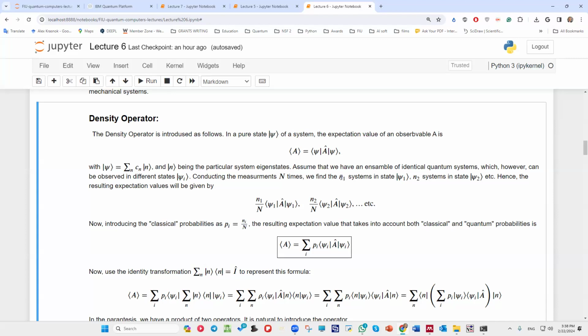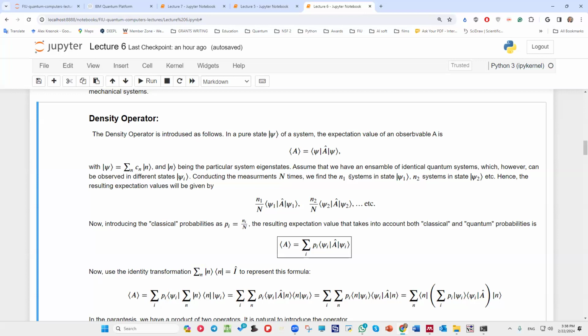Let's say that we observe one quantum system in a state psi1 n1 times.